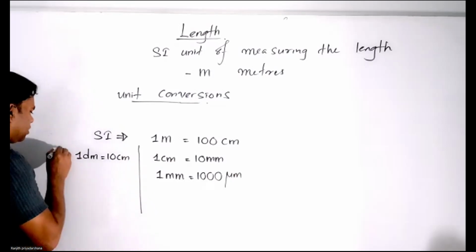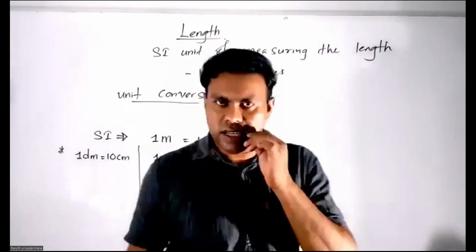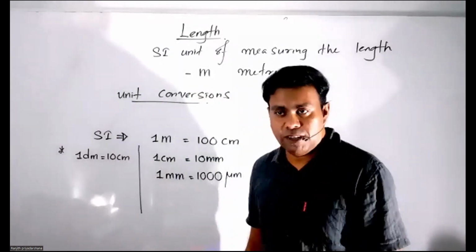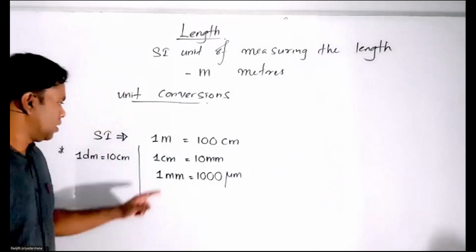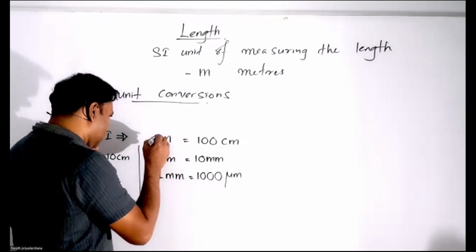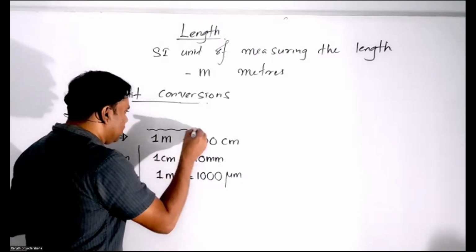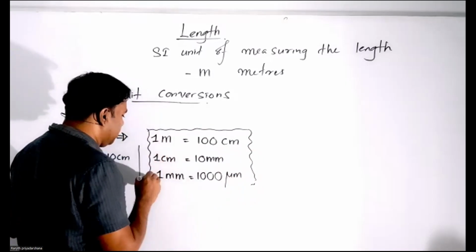Another special unit, so that's irregular. Let's learn it regularly. If we make it regular, you will find it easy to keep in your mind. These are the major units we come across in this lesson, lower than meter.